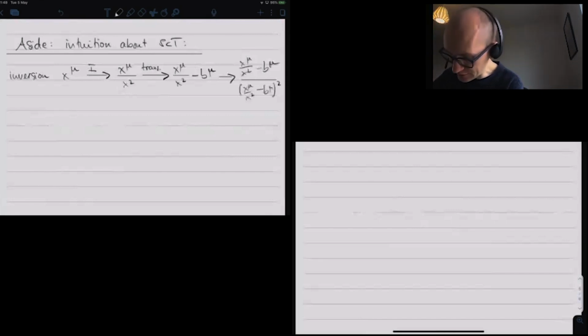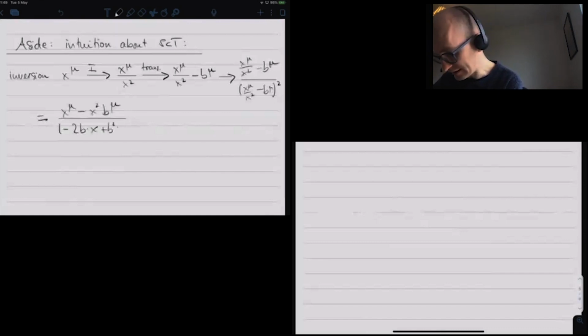And if you multiply that out, what you get is x mu minus x squared b mu divided by 1 minus 2 b dot x plus b squared x squared, which is exactly the special conformal transformation.